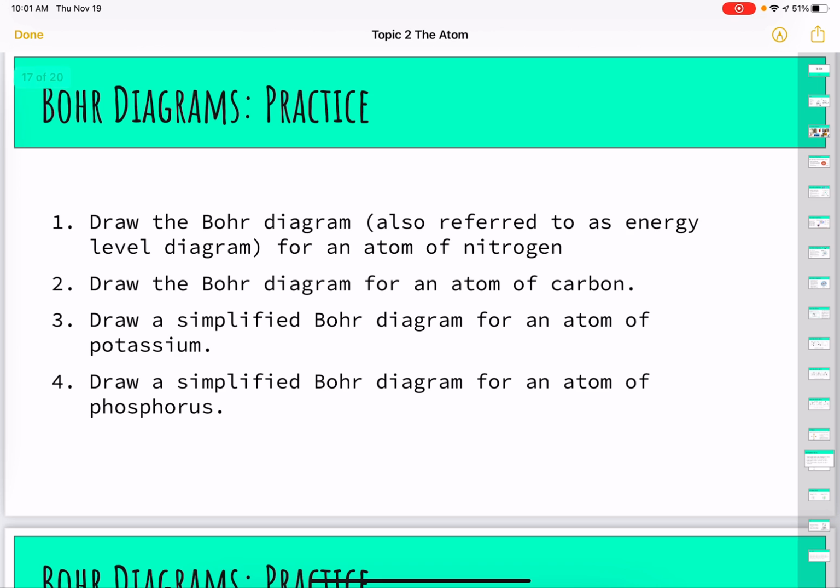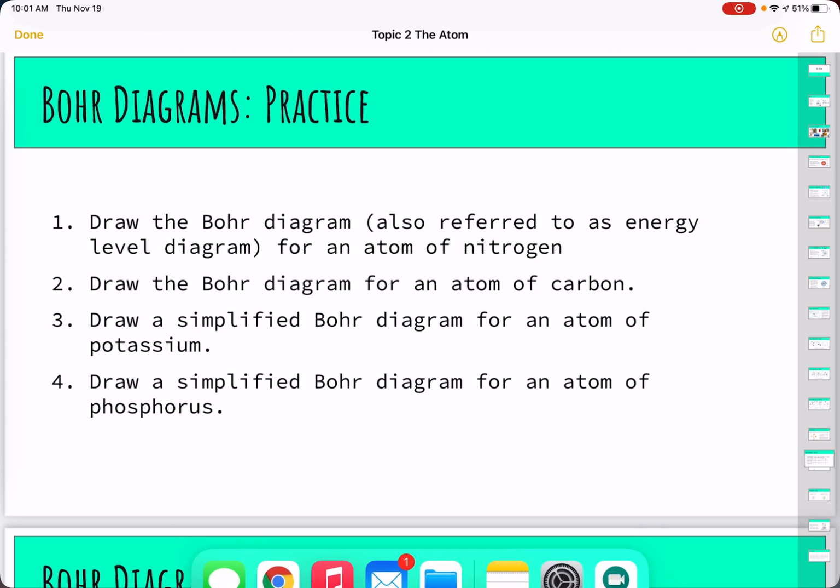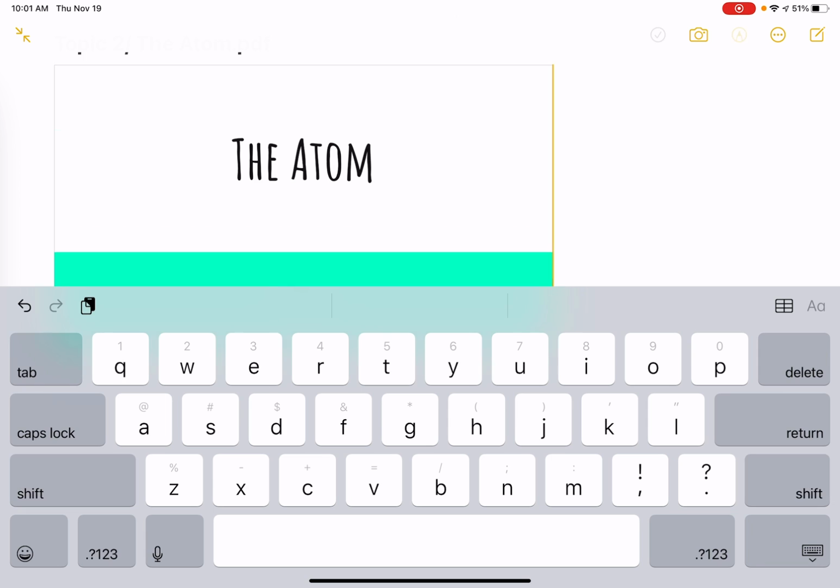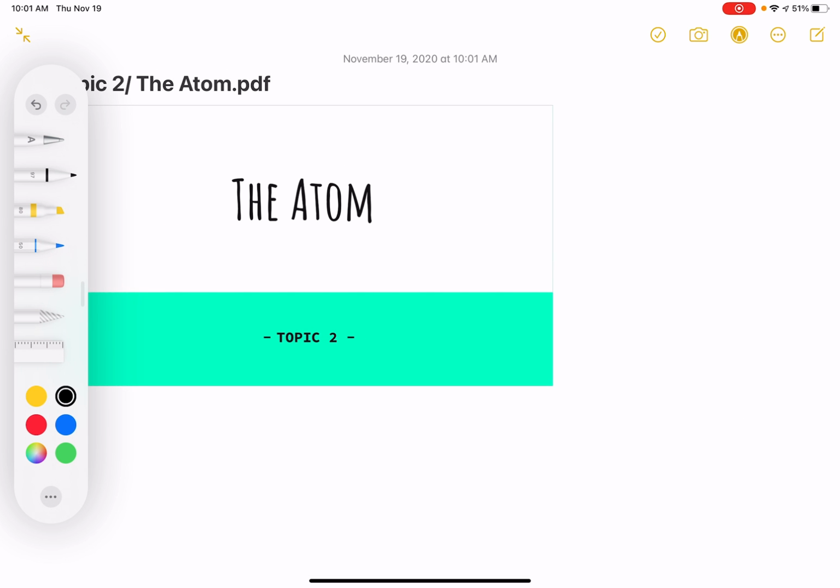So we're going to do some practice examples to show you how we do this. It says draw the Bohr diagram for an atom of nitrogen. So what I'm going to do is I'm going to go back out here so I can draw.